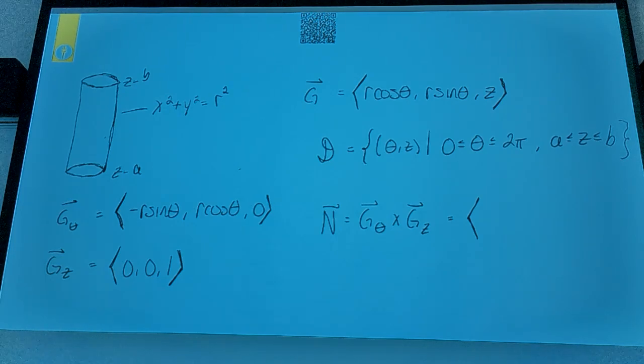The r cosine theta times 1 minus 0, going to be 0 minus negative r sine theta, 0 minus 0. Is that outward pointing?